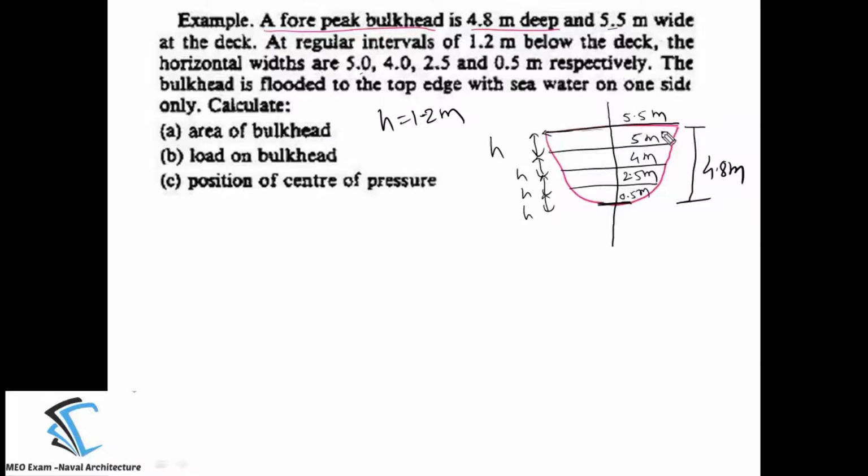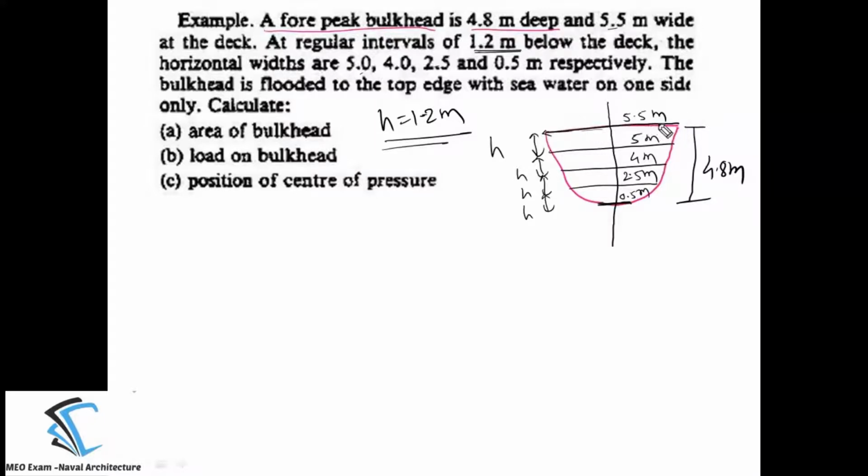So this is the 5.5 meter. At regular intervals of 1.2 meter below the deck. Intervals means they are talking about the spacing between consecutive ordinates, so we can write h is equal to 1.2 meter. The horizontal widths are given.